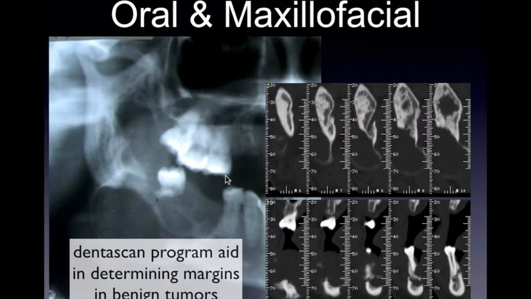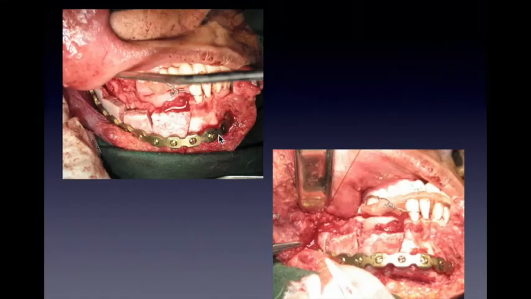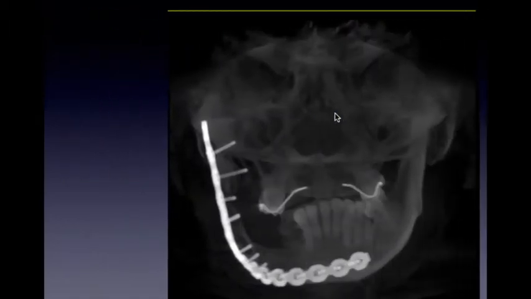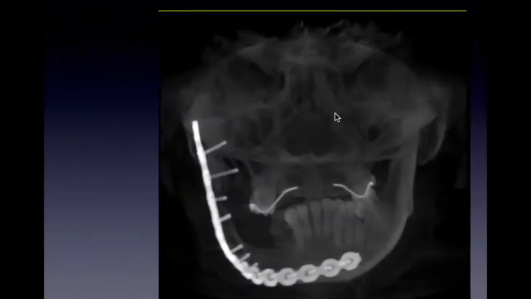From diagnosing as part of the application of three-dimensional images, we could now use that information we got from diagnosing and use the same three-dimensional image to plan our cases in three dimensions. Like I've shown you this earlier, I've used this very early on, CT images that help me identify the extent of my tumor margins, and thus I was able to plan very well its resection up to where I could actually resect.